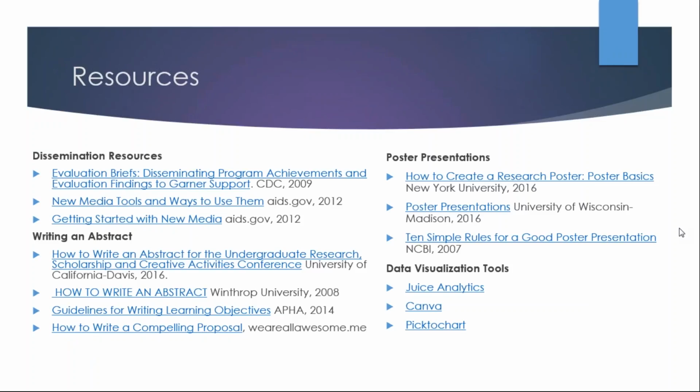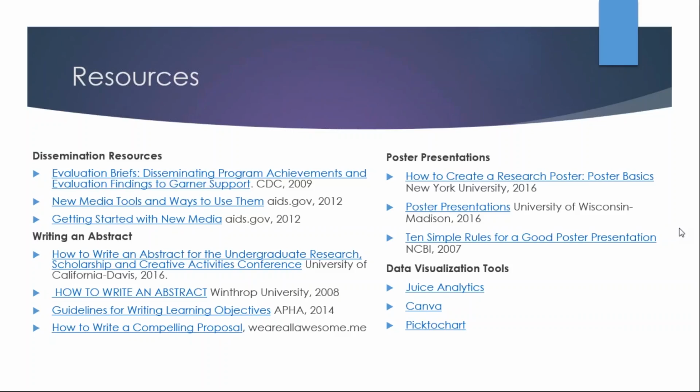We have the chat box ready, so for people who have questions to ask, go ahead and type them in right now. The slide that you see is a list of resources, and again, that will be given out after the webinar on a handout. So we've compiled a few things on dissemination, abstract writing, some things that we didn't talk about today, like new media from AIDS.gov, data visualization, which can be really interesting as you're putting together your graphics and visuals for your posters.